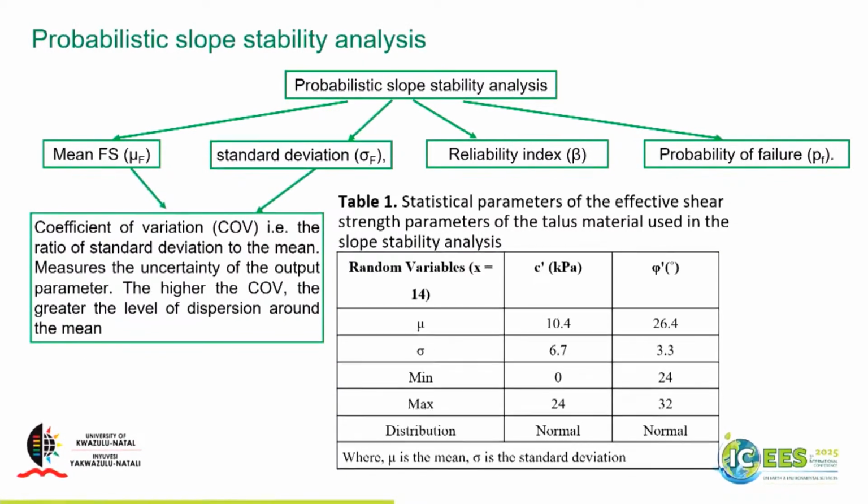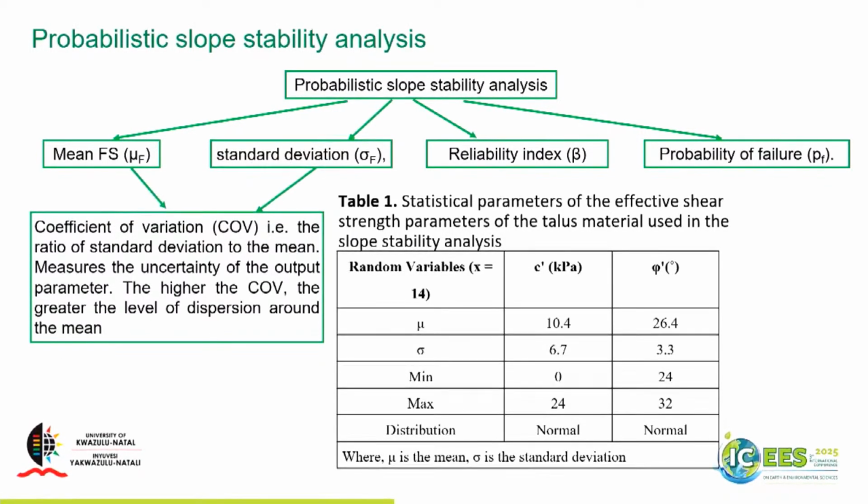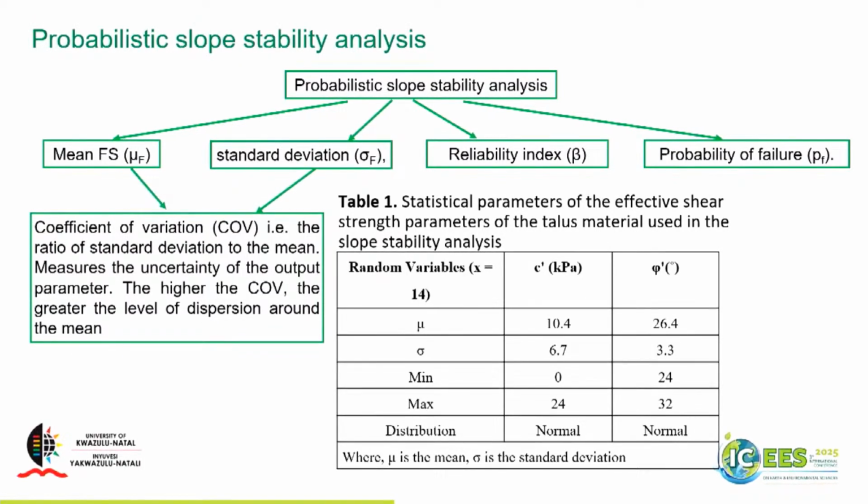The higher the coefficient of variation, the greater the level of dispersion and the higher the uncertainty. And also we have the reliability index, which gives us an insight into the reliability of the analysis. Then we have the probability of failure of the slope.